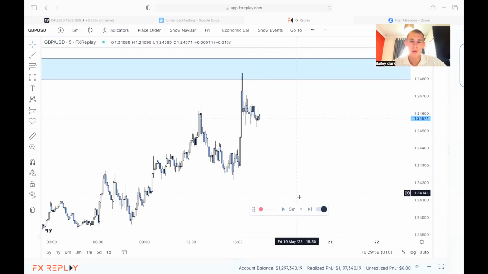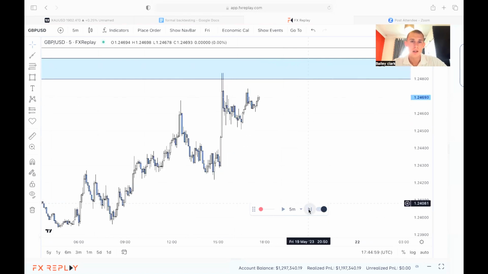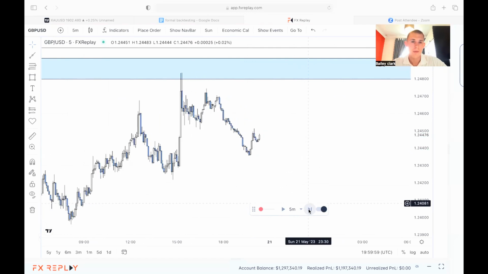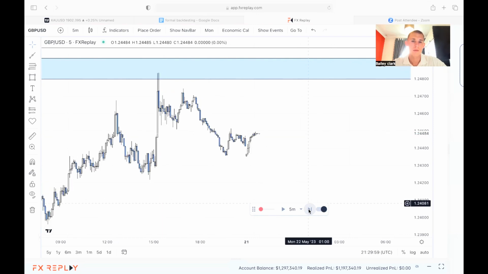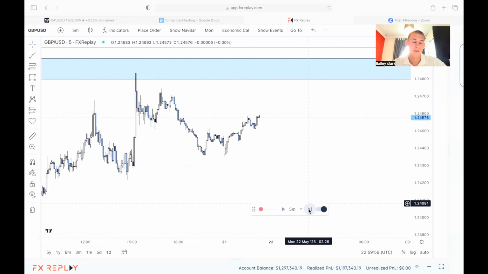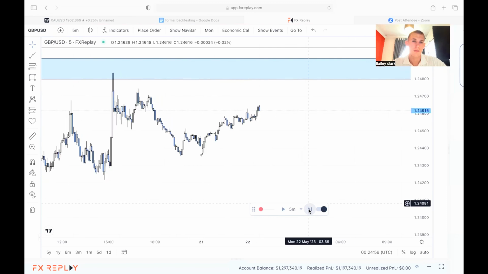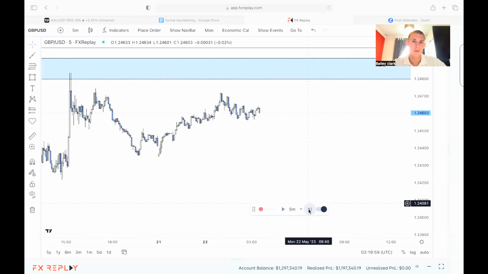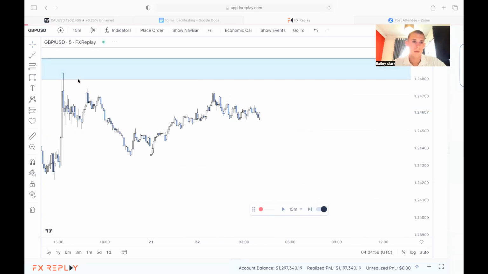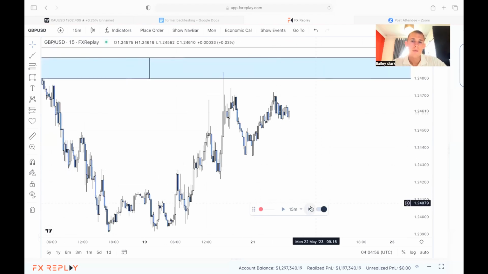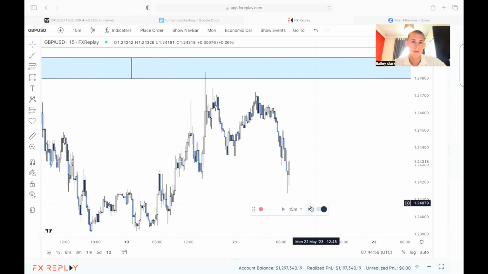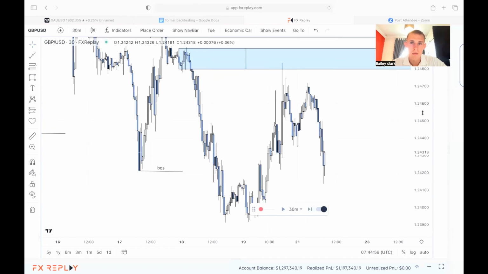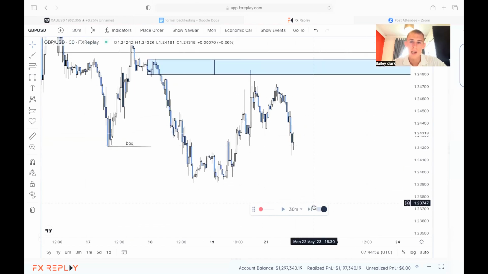Don't like how we left those equal highs just there. Yeah, I'm not seeing any valid entries on that one.